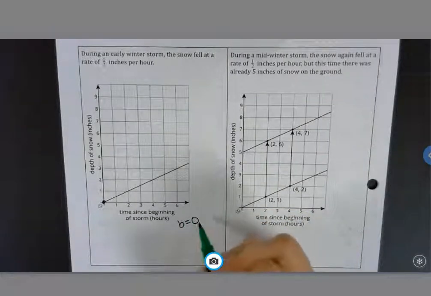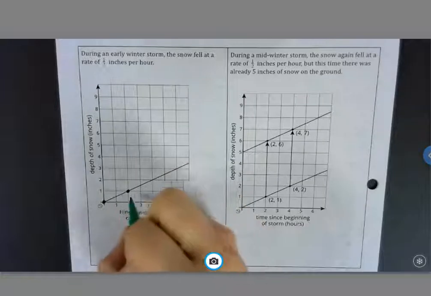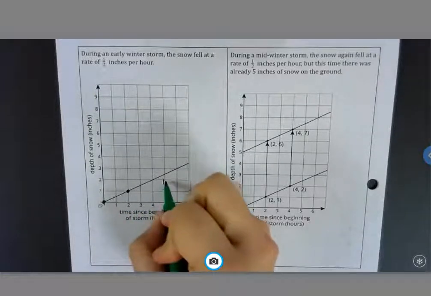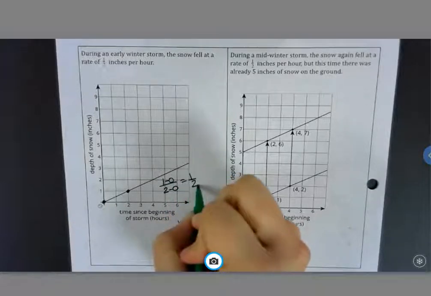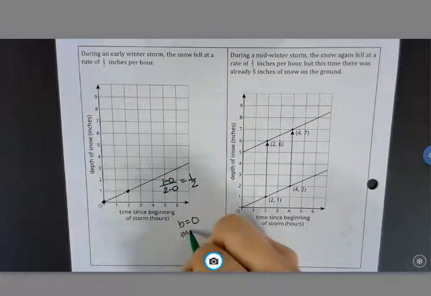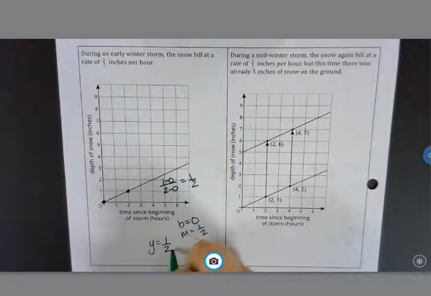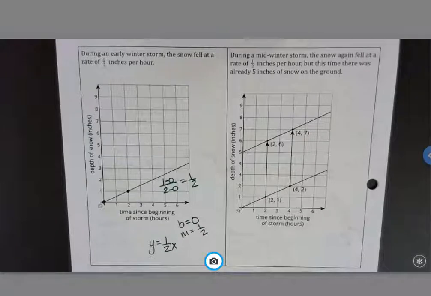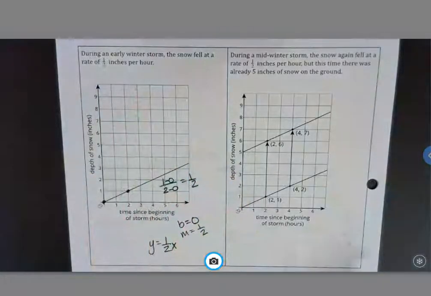And then for my slope, I have 1 minus 0 over 2 minus 0, which is 1/2. So my equation would be y equals 1/2 x. However many hours it's been snowing, I would get another 1/2 inch. And that's what that says in our example.